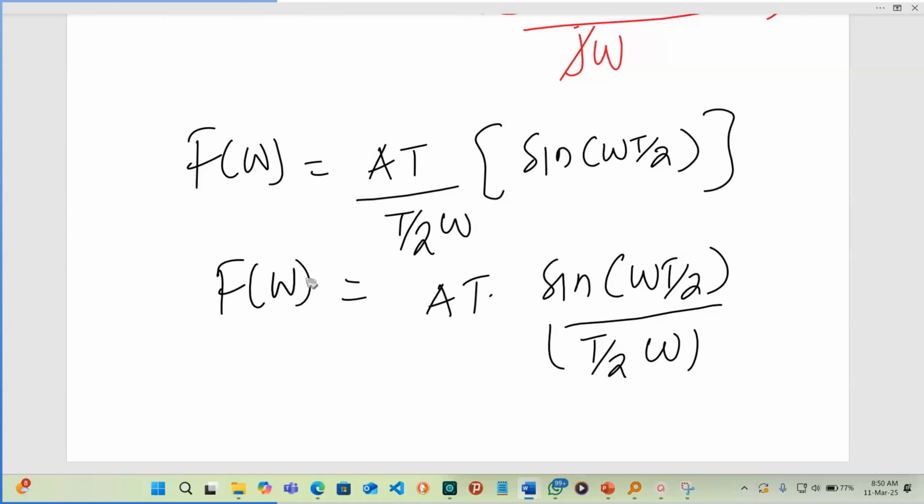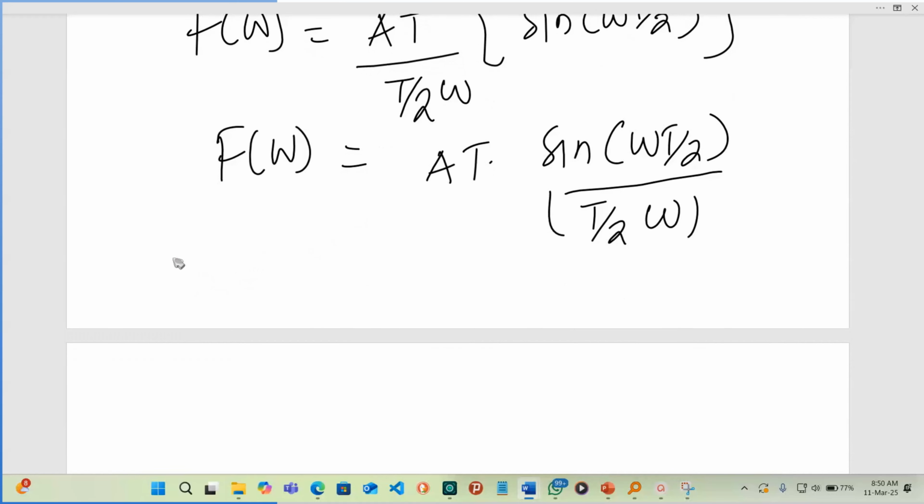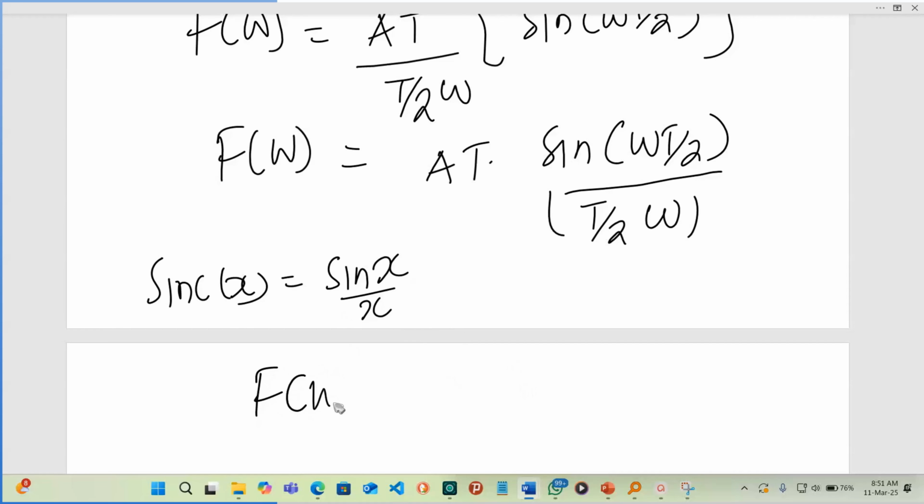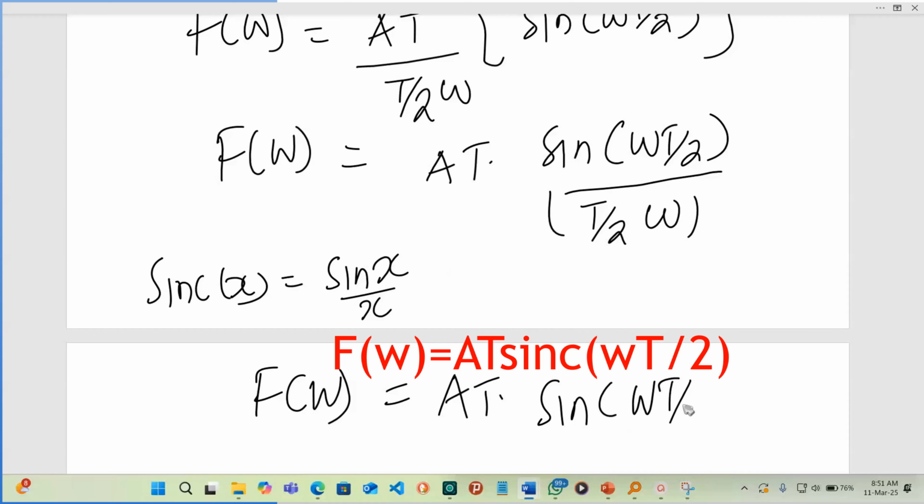This is the Fourier transform. The moment I look at such a function, it reminds me of sinc of x. A sinc of x is equal to sine of x over x. So meaning F omega will equal A T times the sinc function. Whenever there is x, I put omega T over 2. So this becomes omega T over 2.